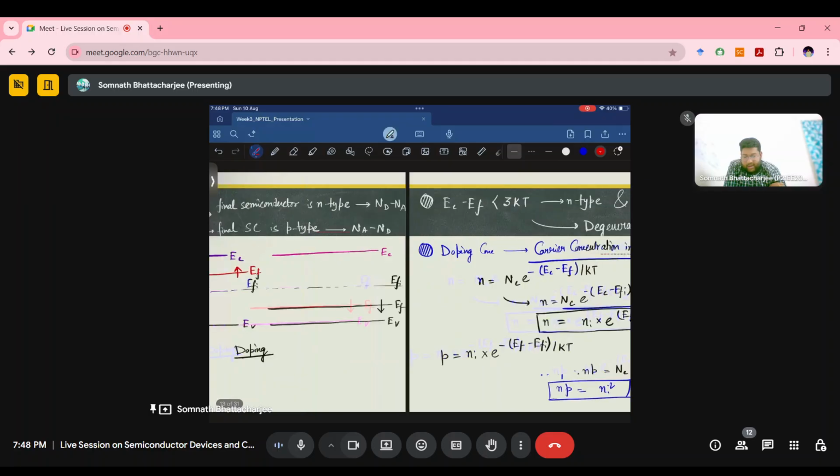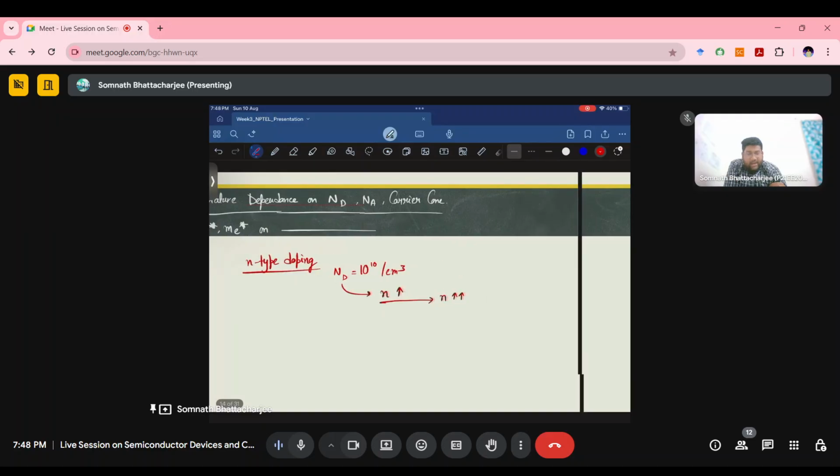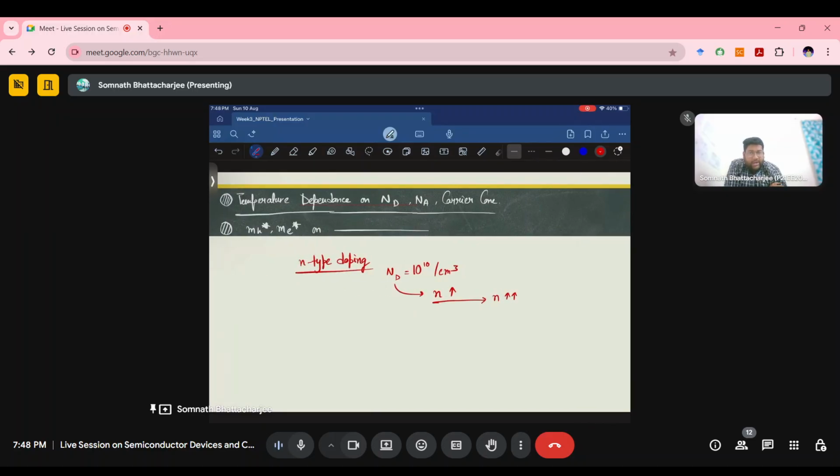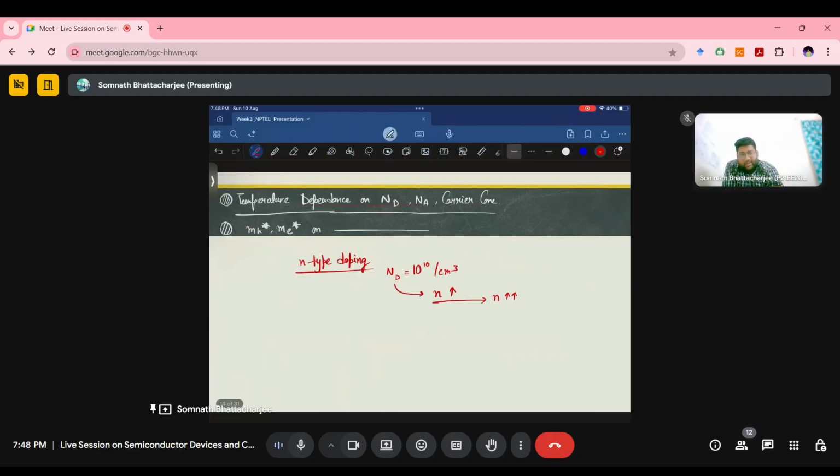So if it is aptly doped, the semiconductor will increase its carrier concentration, the mobility and those things. Everything would increase. But in a degenerately doped semiconductor, even if you dope beyond a certain level, there is no significant change in these concentration values.